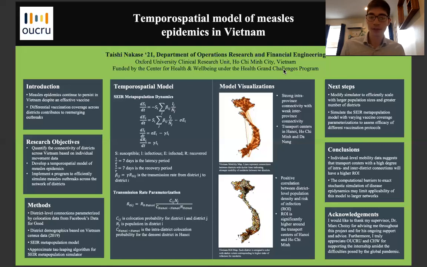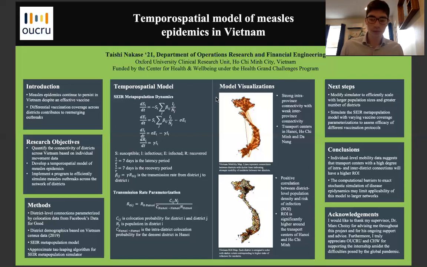And this discrepancy, in fact, was particularly pronounced in smaller provinces in the northern part of Vietnam. So I'll just highlight them here. And the discrepancy was far smaller in the larger population centers of Hanoi and Ho Chi Minh City.